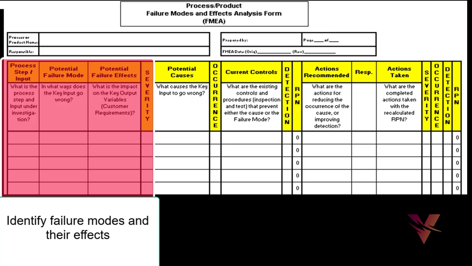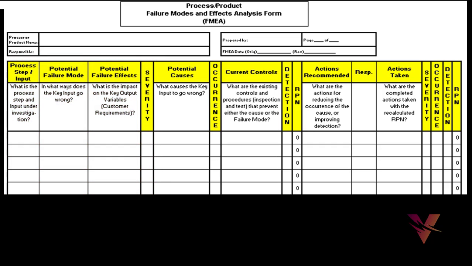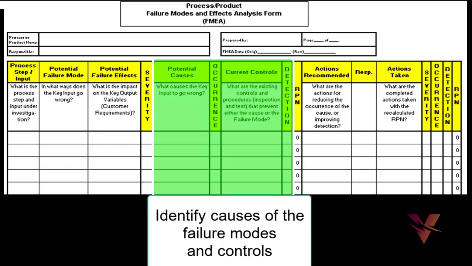So once the failure is identified, next we need to identify what are the causes that are resulting in this failure. So what are the reasons? That will come in the second section, under potential causes, occurrence, current control, detection.